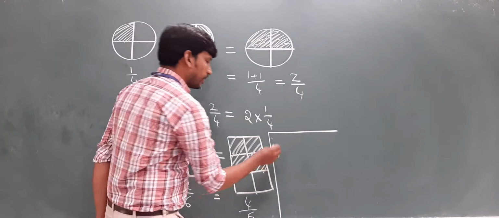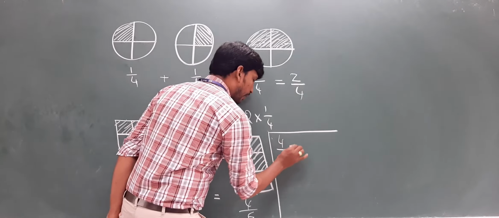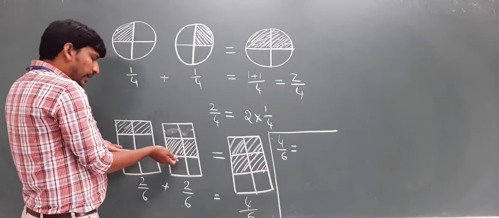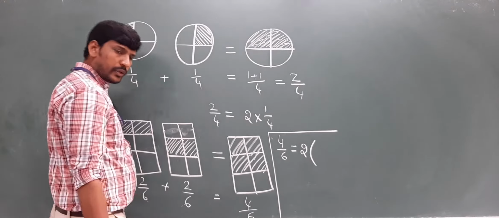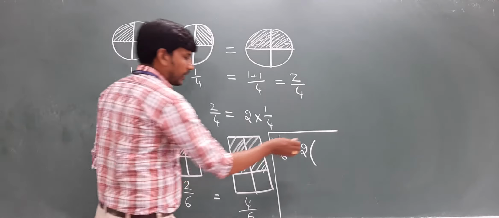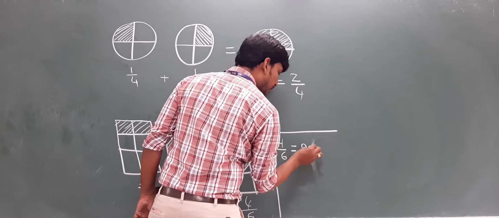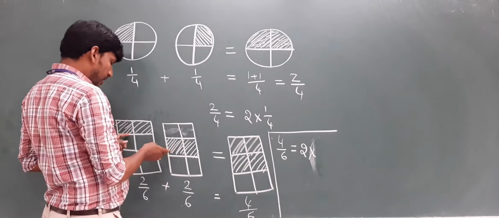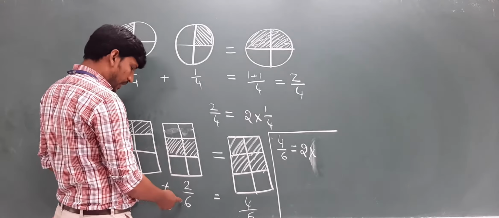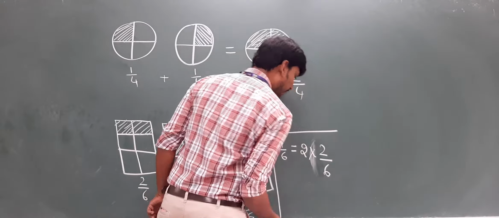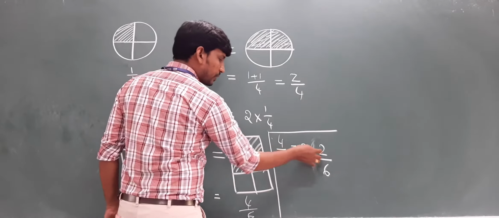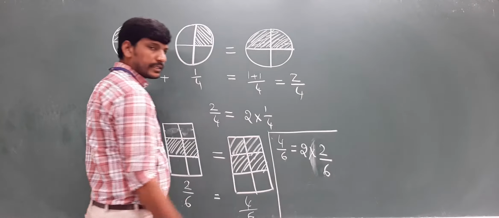This 4 by 6 I am going to write. There are two rectangles, so 2 into 2 by 6. Here 2 parts, here 2 parts. Clear? 2 twos are 4, 6 as it is.